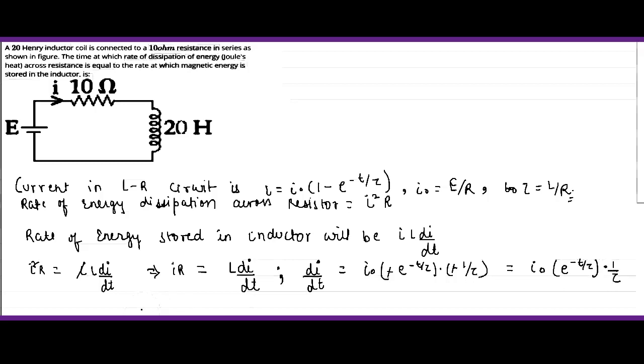Again equating, IR, where I can be written as I naught into 1 minus e to the power minus t by tau, into R is equal to L into di by dt, and di by dt is I naught into e to the power minus t by tau into 1 upon tau.